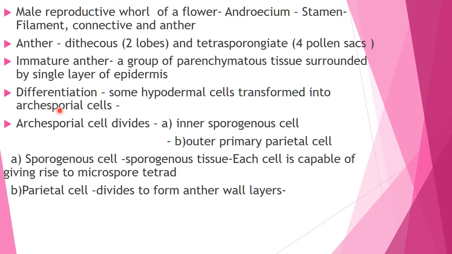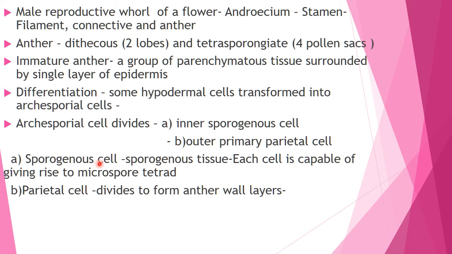It is the starting of the maturation of an anther. Each archesporial cell divides into two cells, the inner sporogenous cell and the outer primary parietal cell.